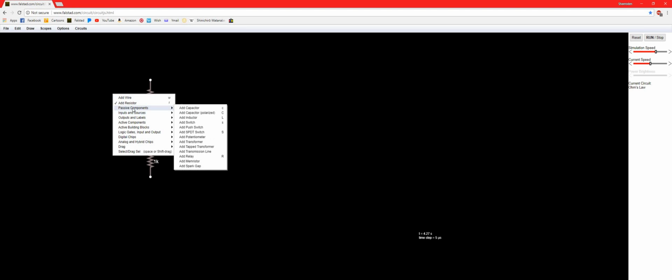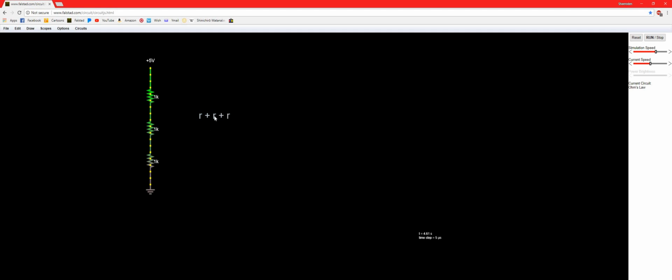Let's put a voltage source. So these resistors can mathematically be combined into one resistor, and the way we do that is by adding them together.